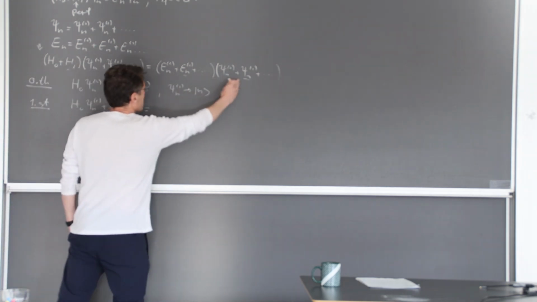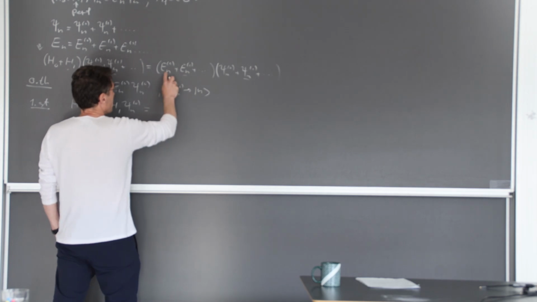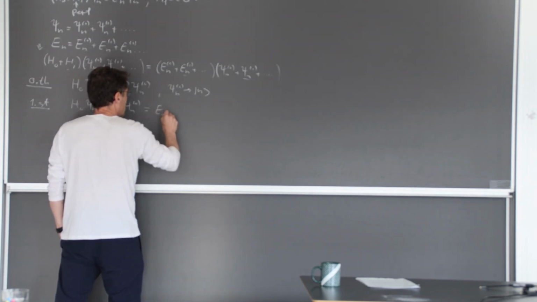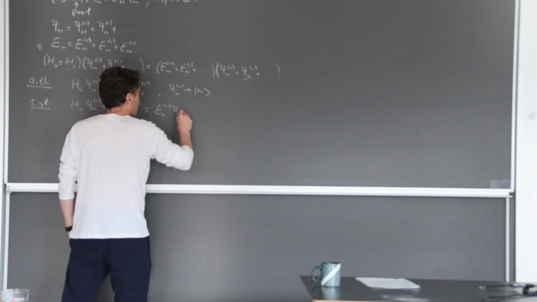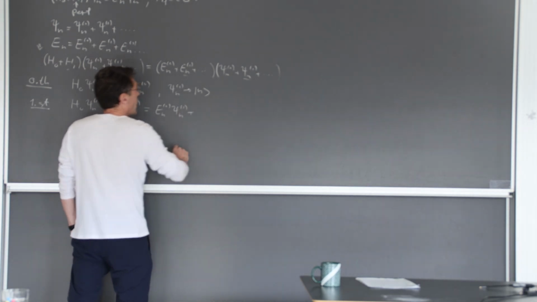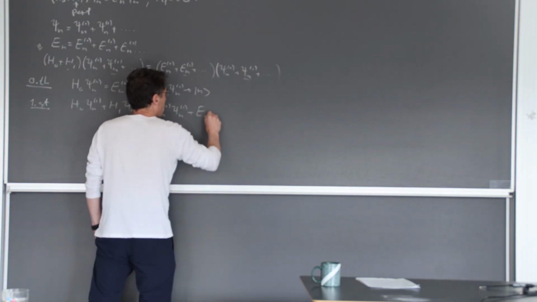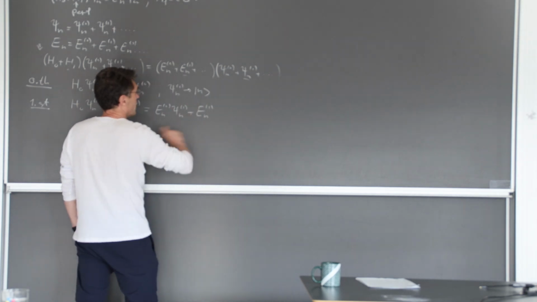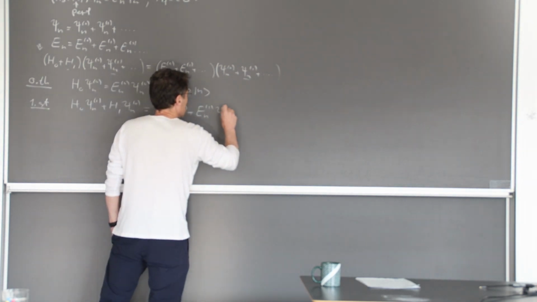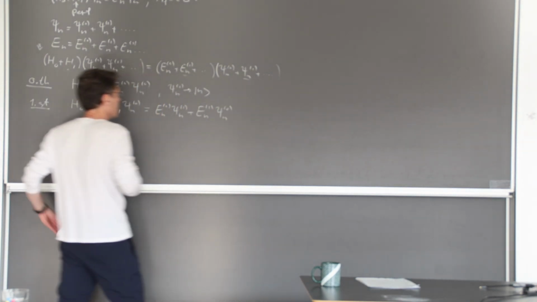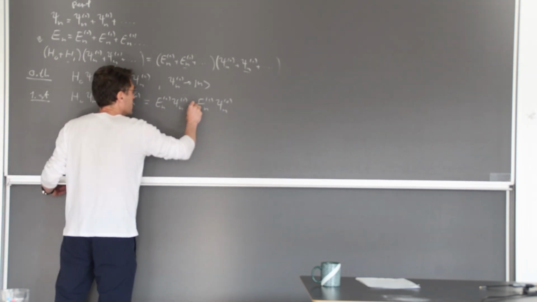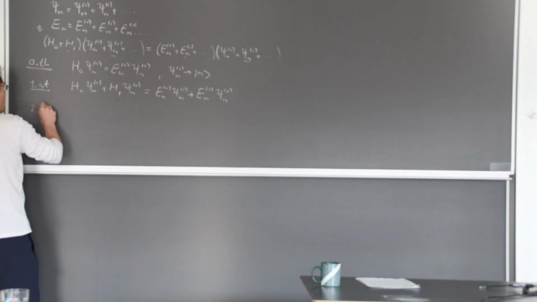And similarly, of course, on the right-hand side, I take 0 order part here with first order wave function and first order there with 0 order wave function. And now that we're at it, we might as well collect second order terms.